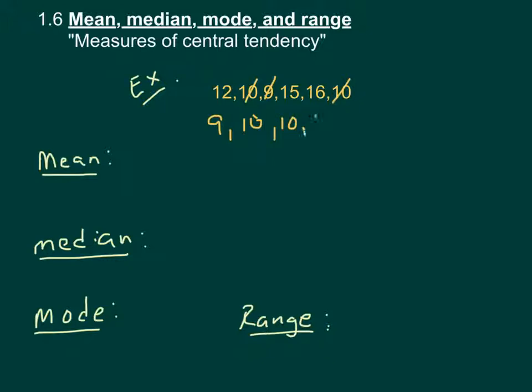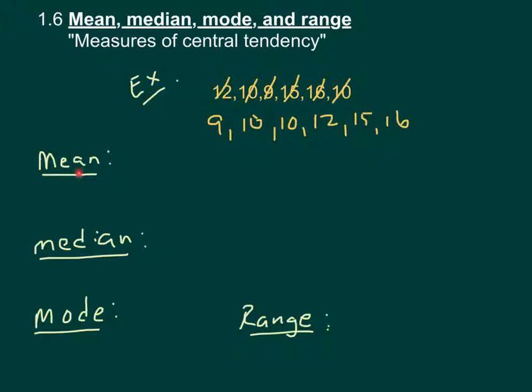Then there's a 12, a 15, and the 16. So pretty straightforward there. Doing nothing more than organizing the same numbers in order from least to greatest. This helps me do the rest of this work and helps make a little bit more sense out of the data, putting it in some kind of order.